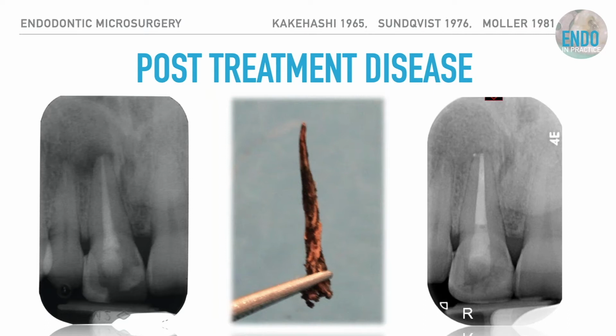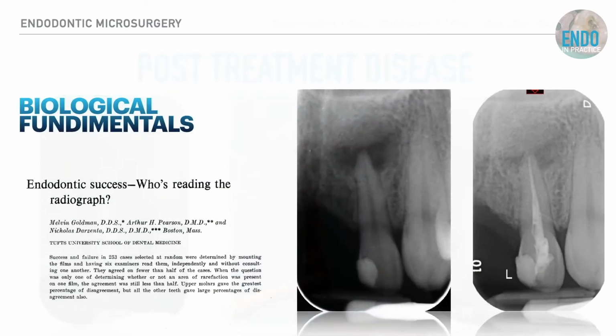So what I would like to focus everybody's attention on over the next couple of minutes is the pathogenesis. We have to identify the etiology and form a treatment plan around that etiology from a biological perspective.